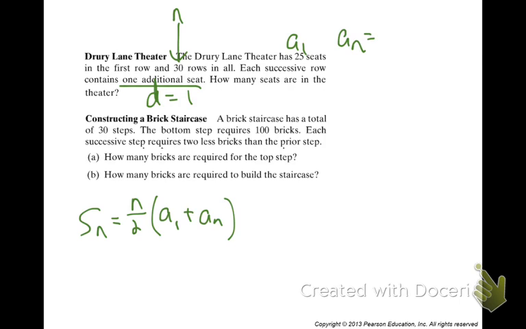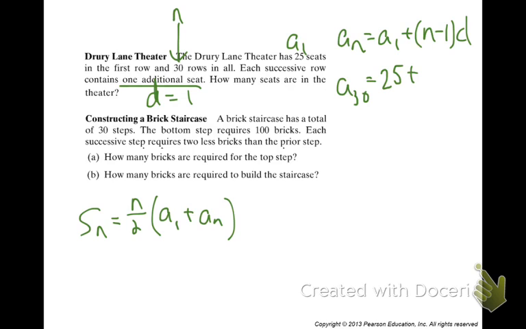All right, then your a n, you take the a1 plus n minus 1 times that difference. Specifically, we're looking at a what? 30. We're on row 30. How many seats are on row 30? Okay. A1 is 25.